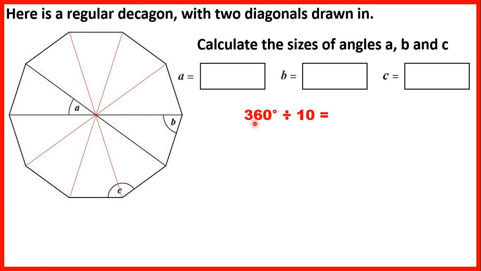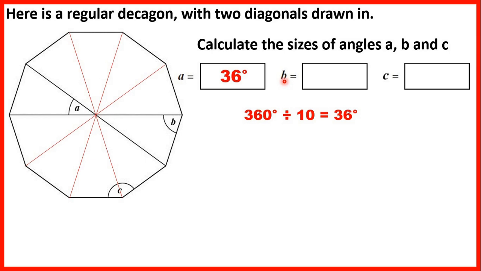So 360 divided by 10 is 36, so that tells us that this angle here will be 36 degrees, because if we have 10 angles that are 36 degrees each, that gives us a total of 360, and angles around a point total 360 degrees.